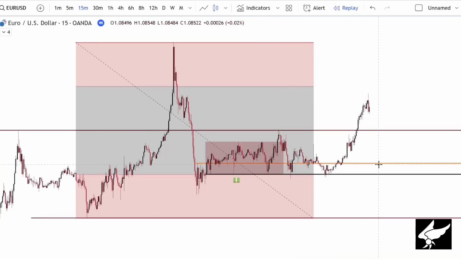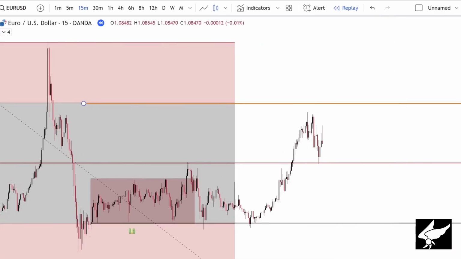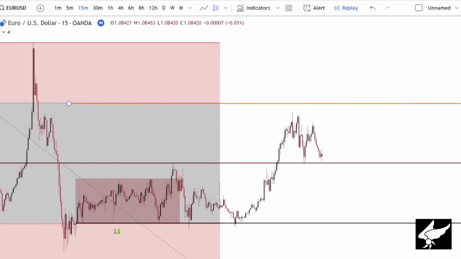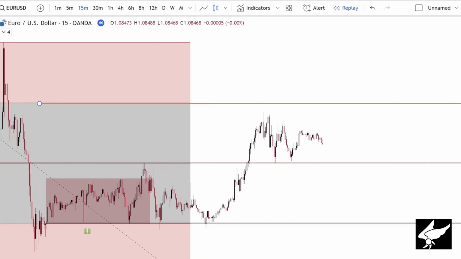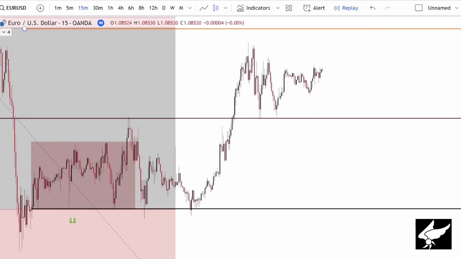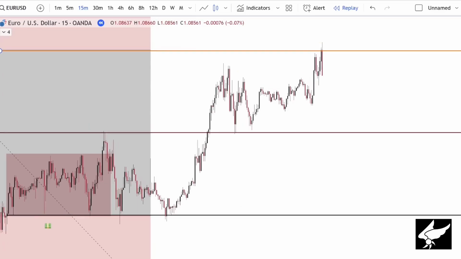Let's see, price is almost at your TP. And price reached your TP.